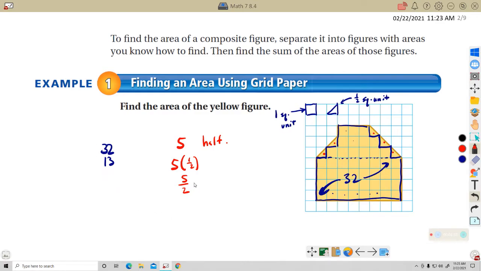Since we're adding these up, I'm going to put this into mixed number format. 5 divided by 2 is a 2 with 1 left over, so 2.5. Adding it all up, I get 47.5 square units.